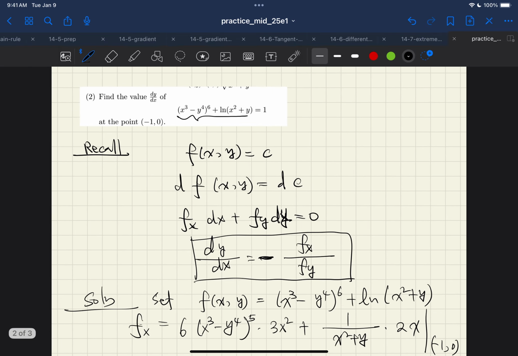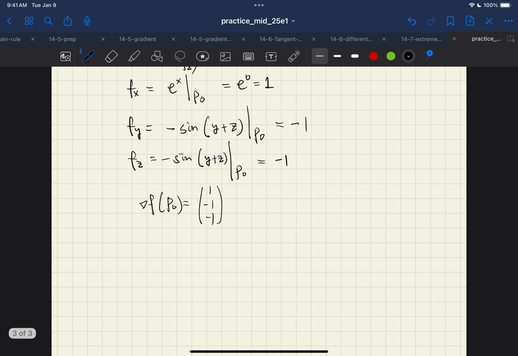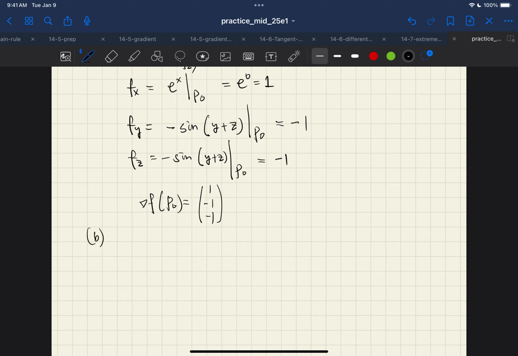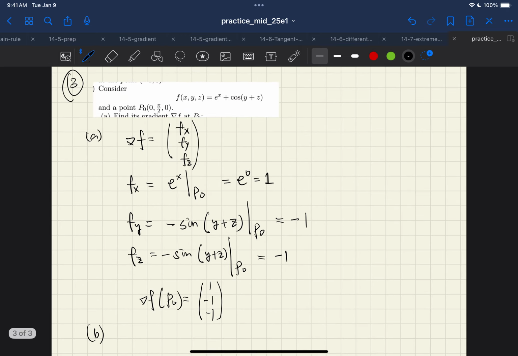Now the next question is, what are the tangent and normal lines? We know it's a tangent plane, not a line, because there are 3 variables. The tangent plane is orthogonal, or perpendicular, to the normal line, which is along the gradient.